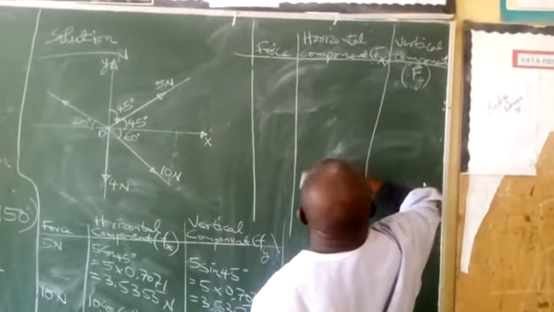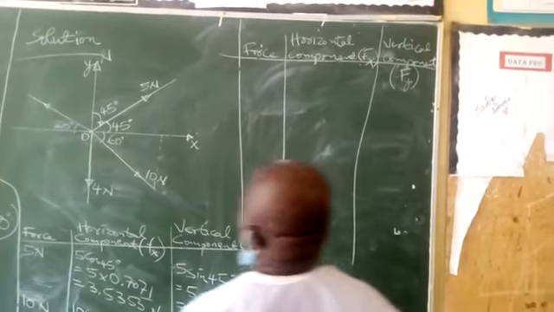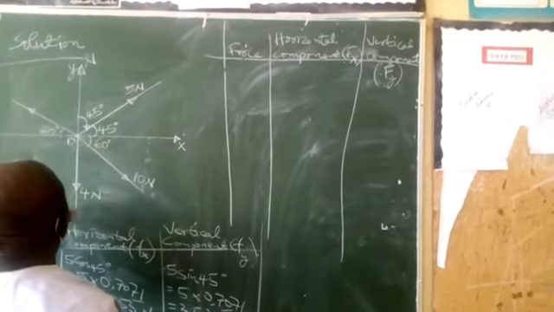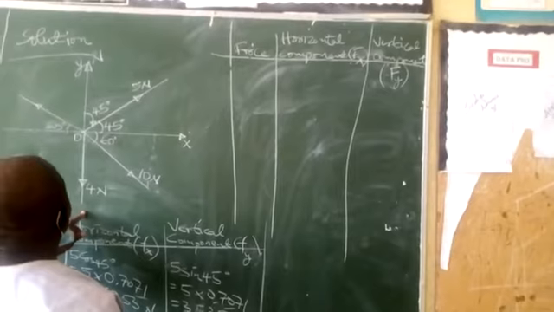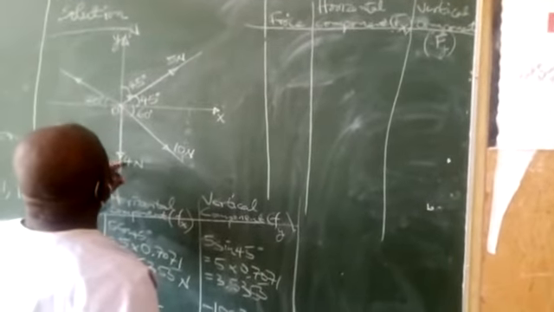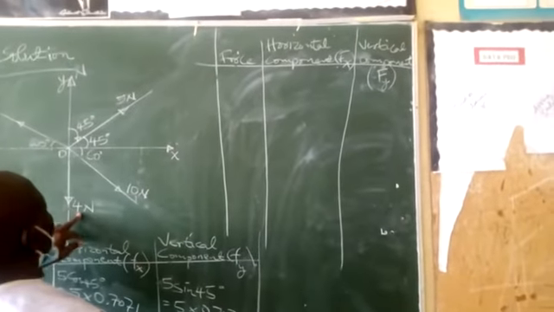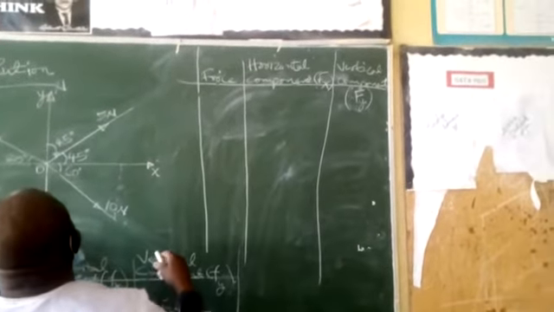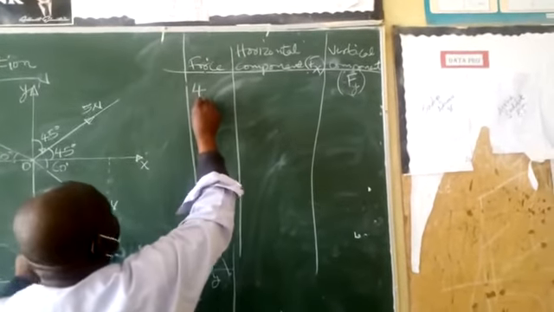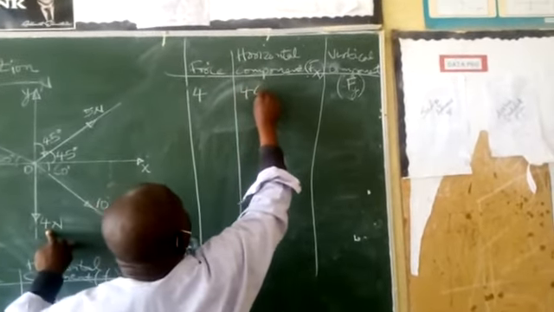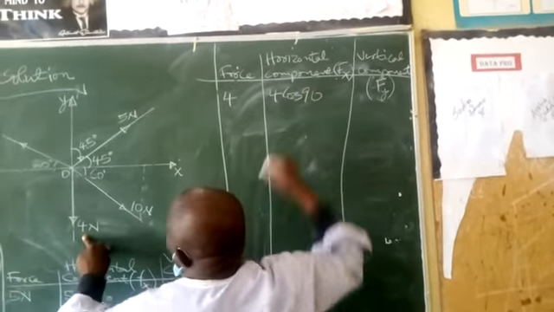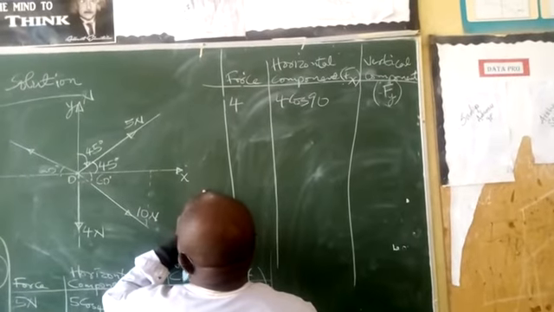So now the next force is 4 Newton. The angle between this 4 Newton force and the x-axis is 90 degrees. So the force is 4, and the component is going to be 4 cos 90 degrees, resolved this way to the plus.